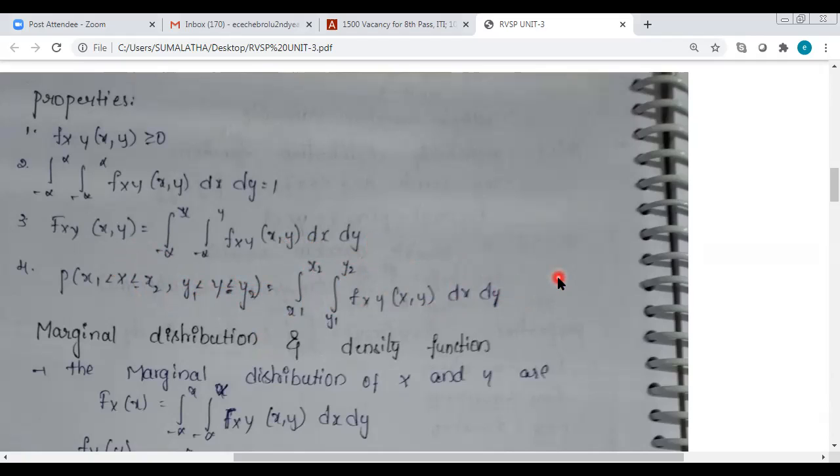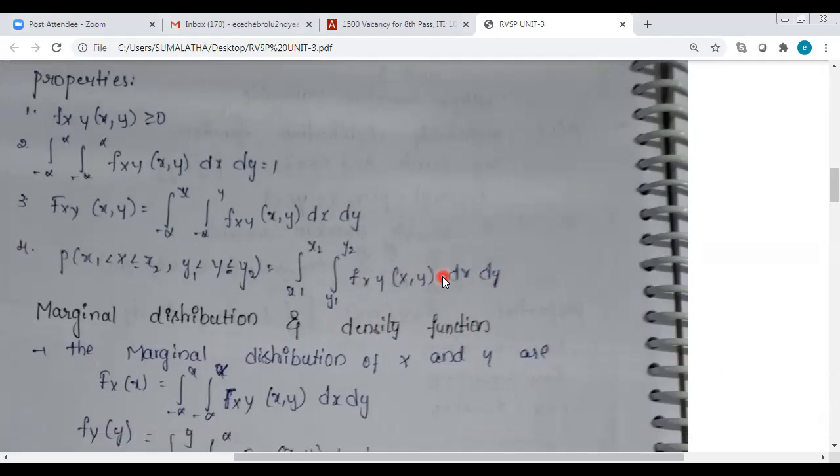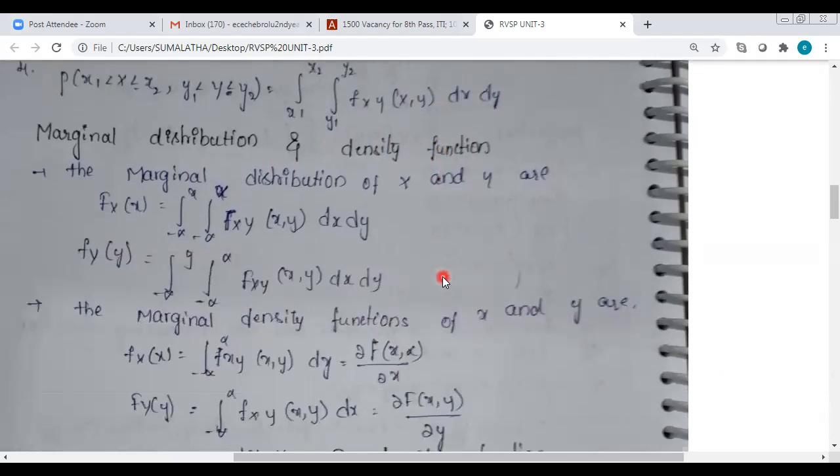Okay ma? So these are the properties of joint density, that is the joint probability density function. Okay ma? So here, marginal distribution and density functions.